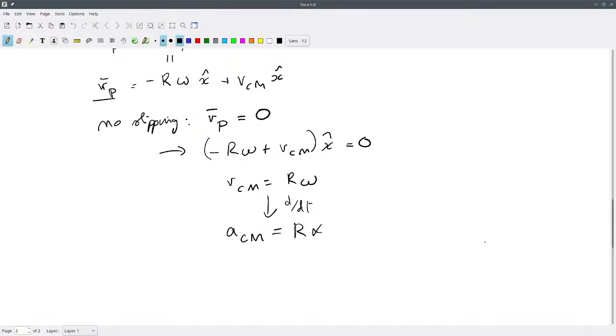The other thing we can do is look at the distance traveled. Instead of taking the derivative, we take what some of you like to call the antiderivative, the integral over dt.